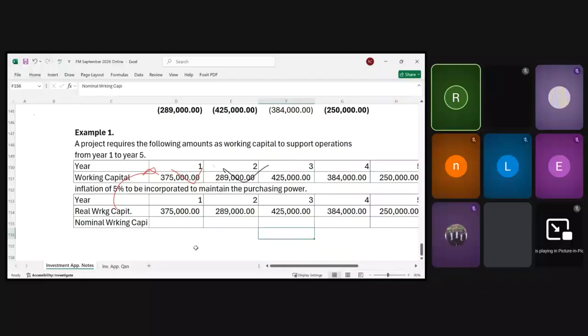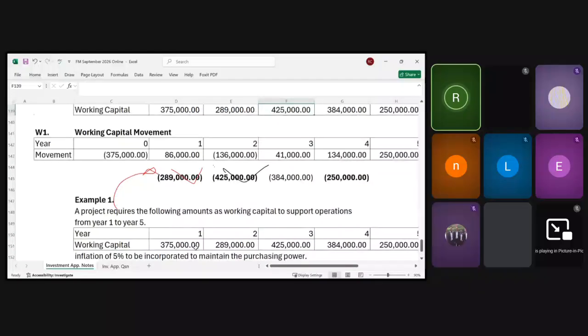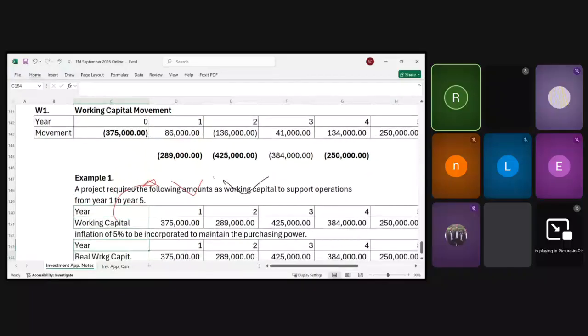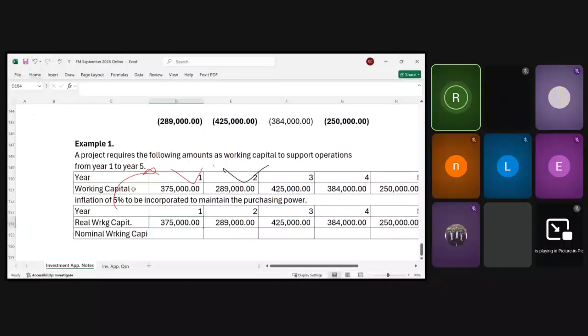From the previous example here, you can see that the working capital in year 1 is supposed to be used in year 0. We are going to put it in advance. So what does that mean? It means that we do not inflate this one in year 0. Why? Because when we do our movement, we are going to put it in year 0.